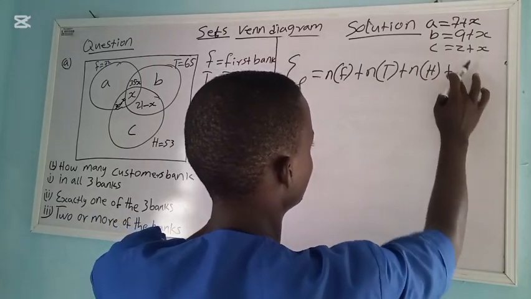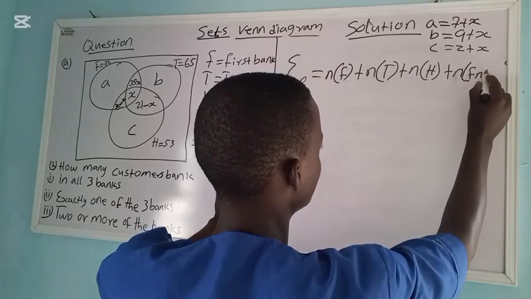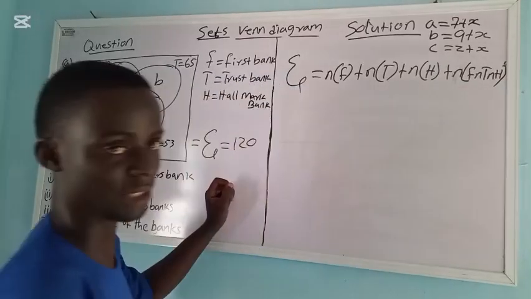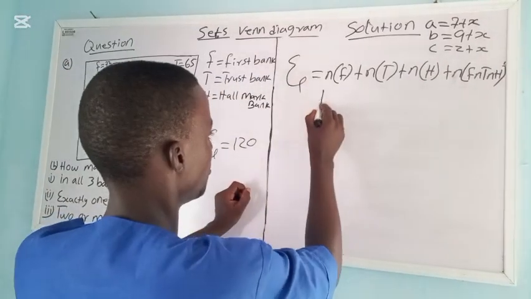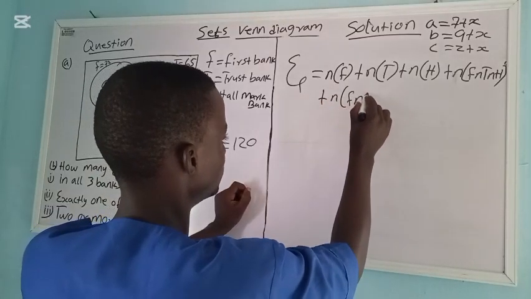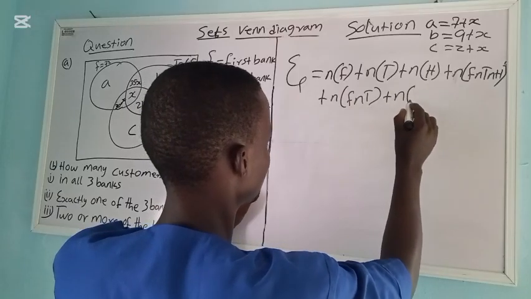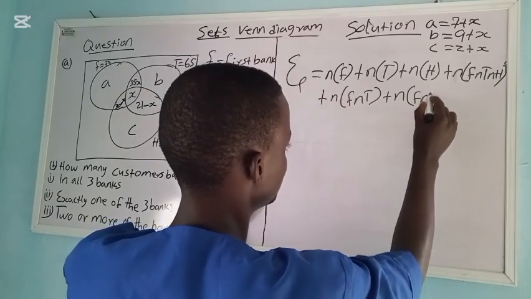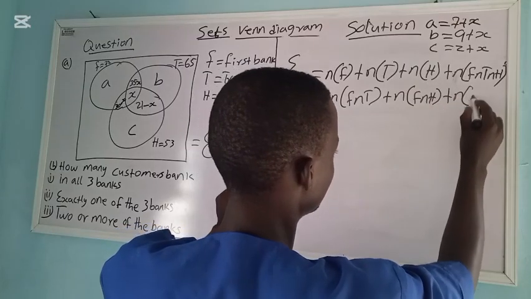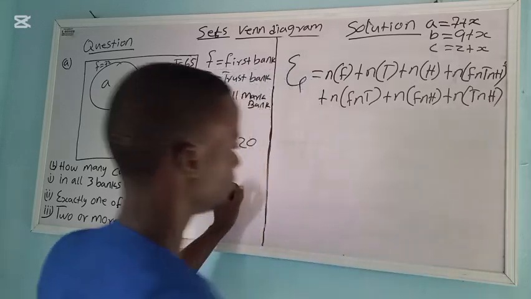This x means n(F intersection T intersection H), that is all the three banks. Then plus n(F∩T) plus n(F∩H) plus n(T∩H).